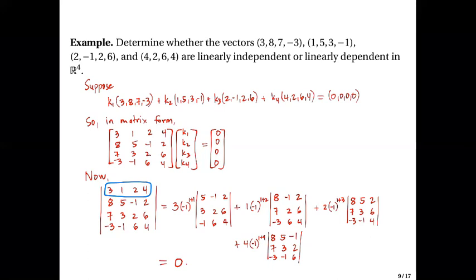Okay, but what's the point? The determinant is equal to 0, therefore this has many solutions, which means this set is linearly dependent. Let me just put this as star.